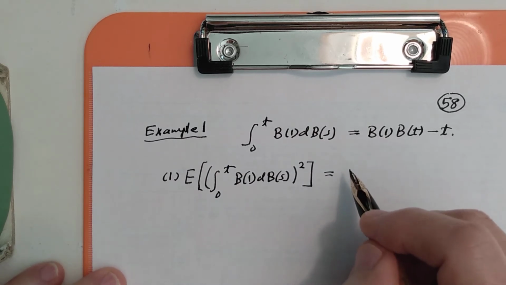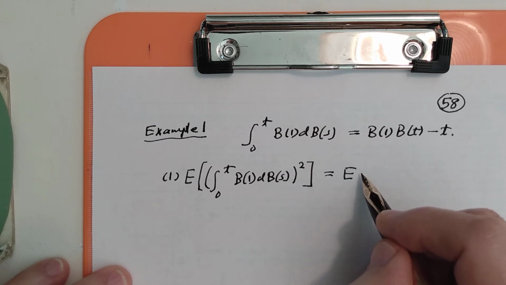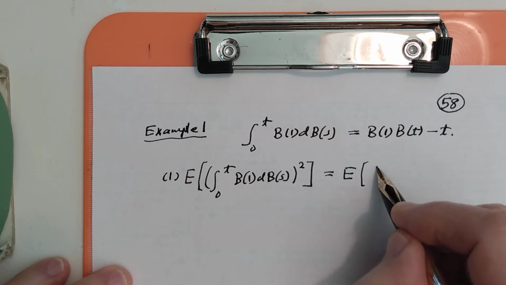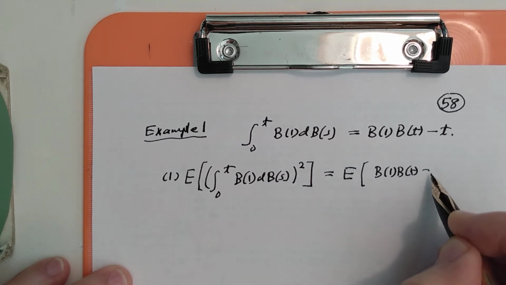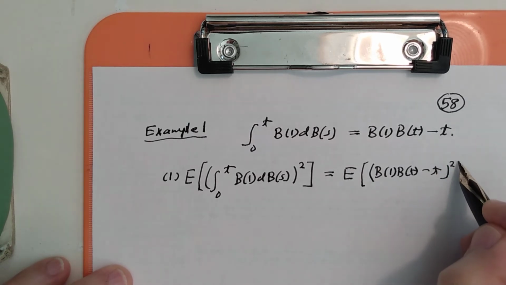And this is the expectation of (B_1 B_t minus t) squared.